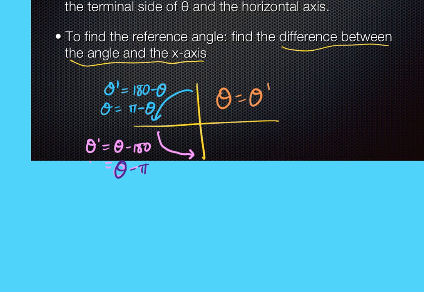And in the fourth quadrant, where it would be bigger than 1.5 pi, but less than 2 pi, or bigger than 270, but less than 360, I do 360 minus theta, or 2 pi minus theta.